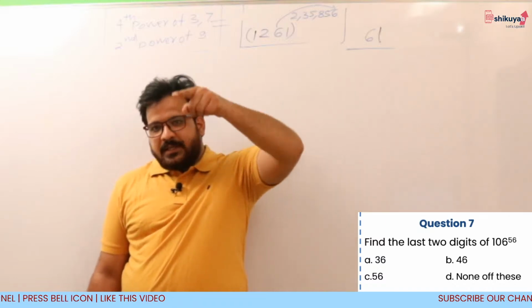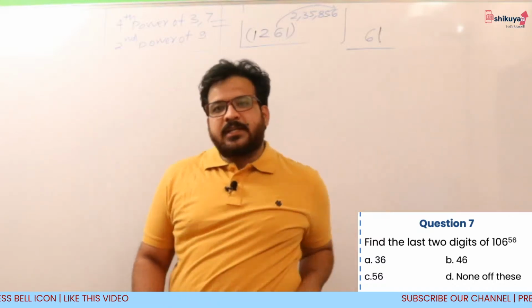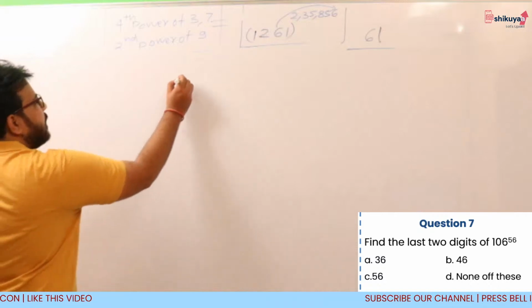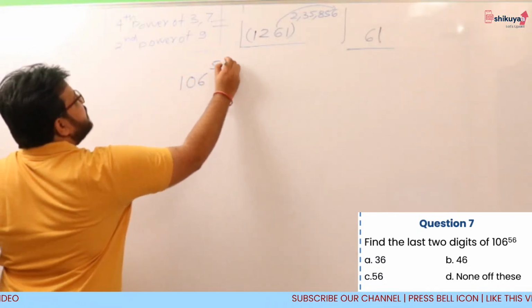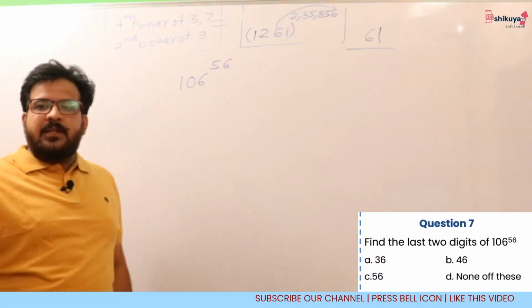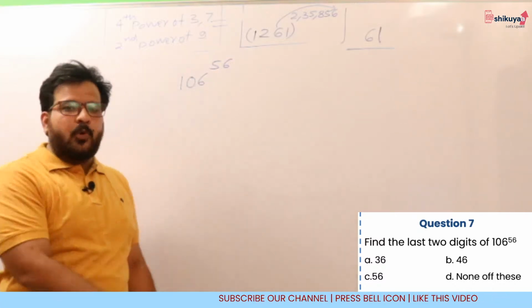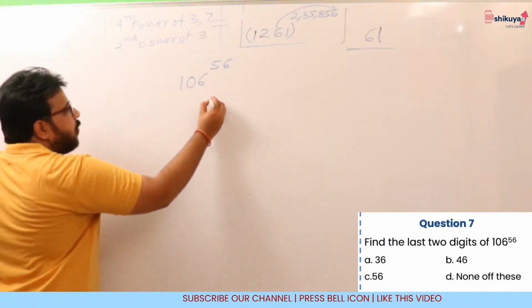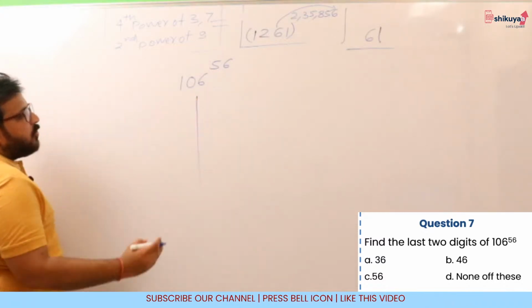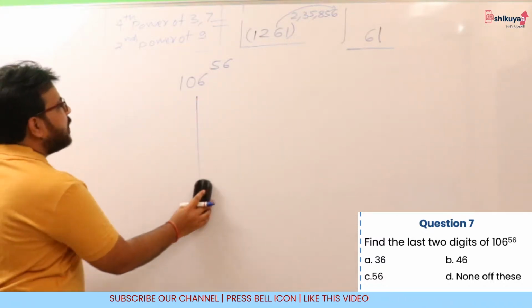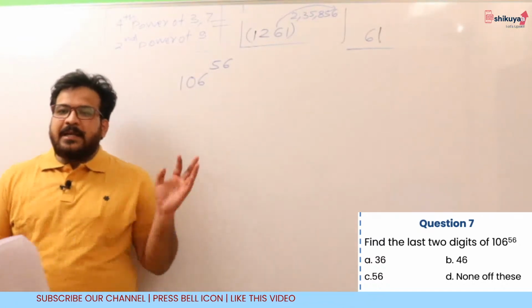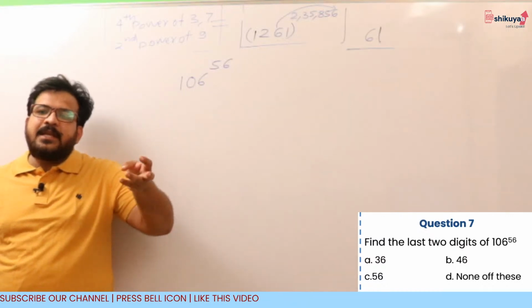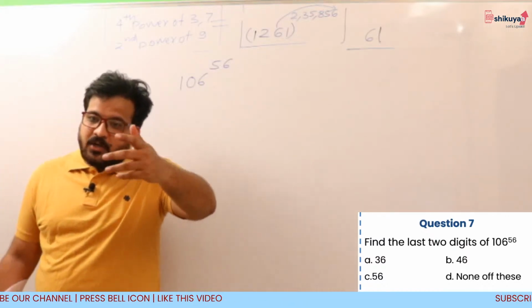Now in this case, this number is 106 raised to 56, right? Here is some change. 106 raised to 56. Everybody in the session, please look at the board. Now what I'm going to do is factorize this 106, because I'm not able to get a number ending in 3, 7 or 9, or even in 2 or 5.